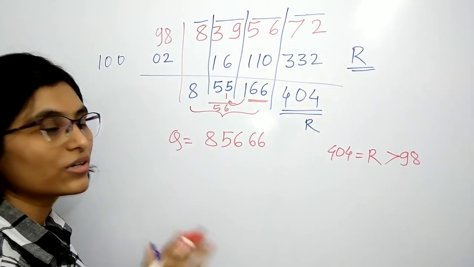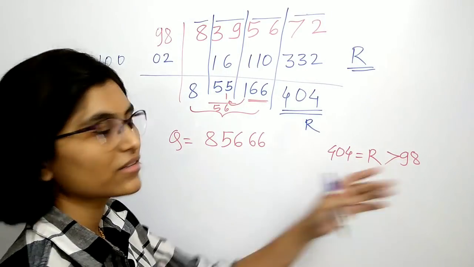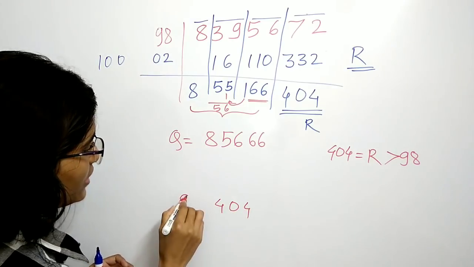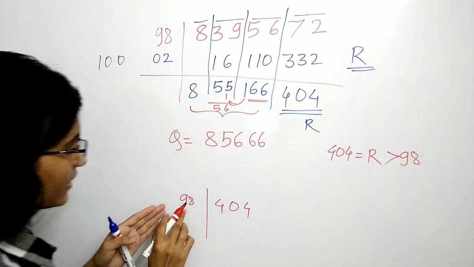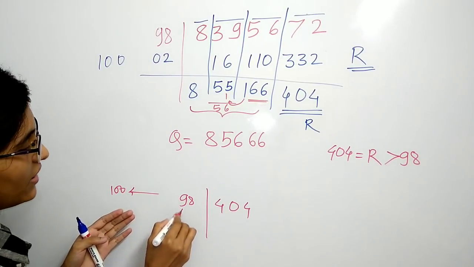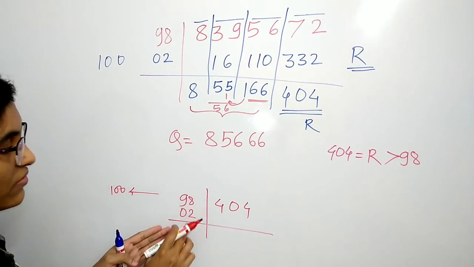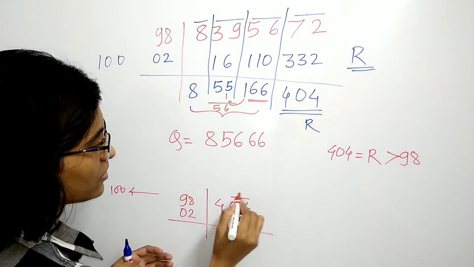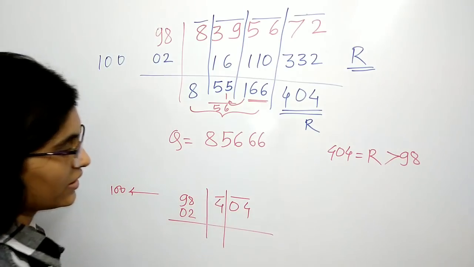So we just have to divide this number by 98. So just use the method. So 404 divided by 98. Now this number is close to 100. So write 02 over here, because 98 plus 02 gives us 100. So the partition is just 2. Right.